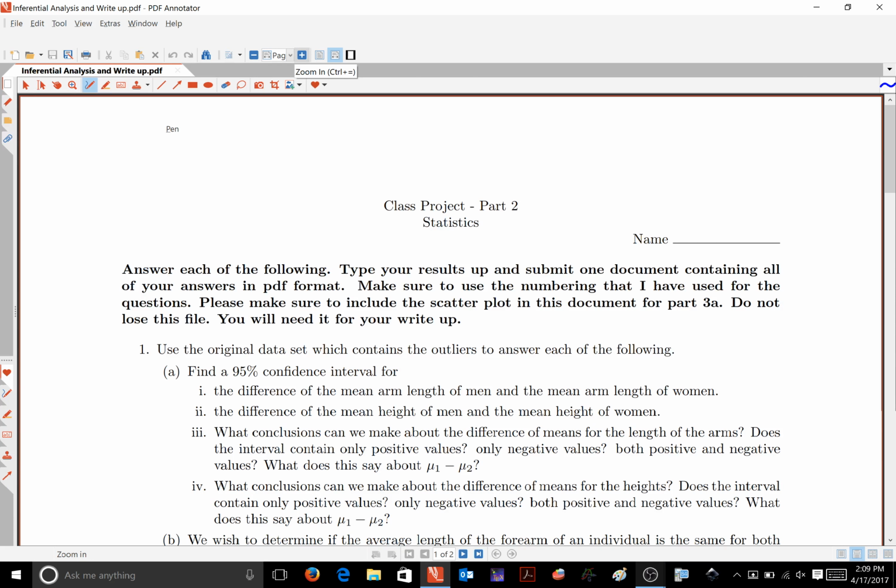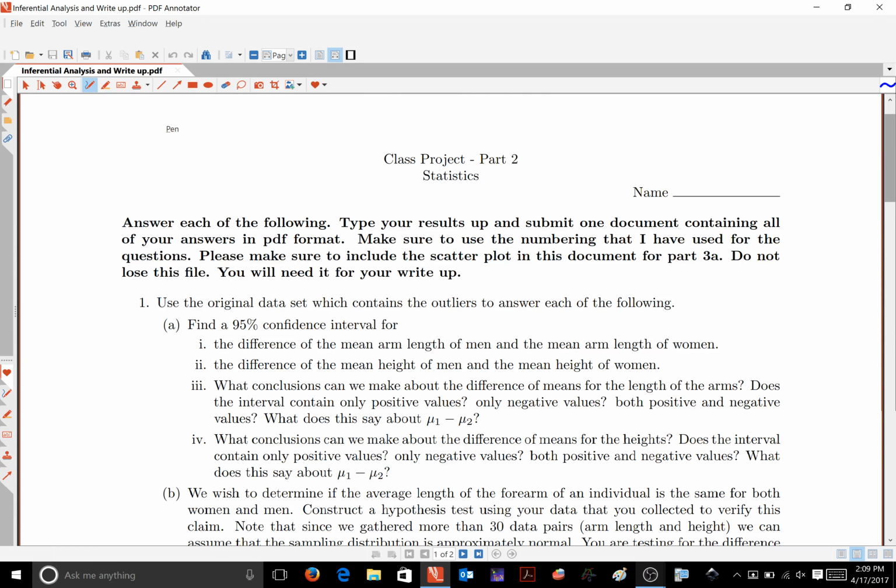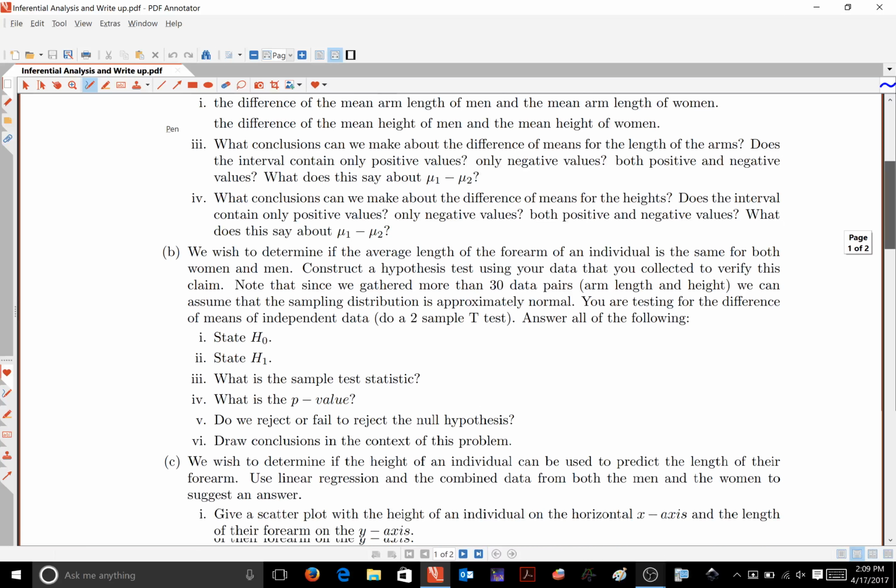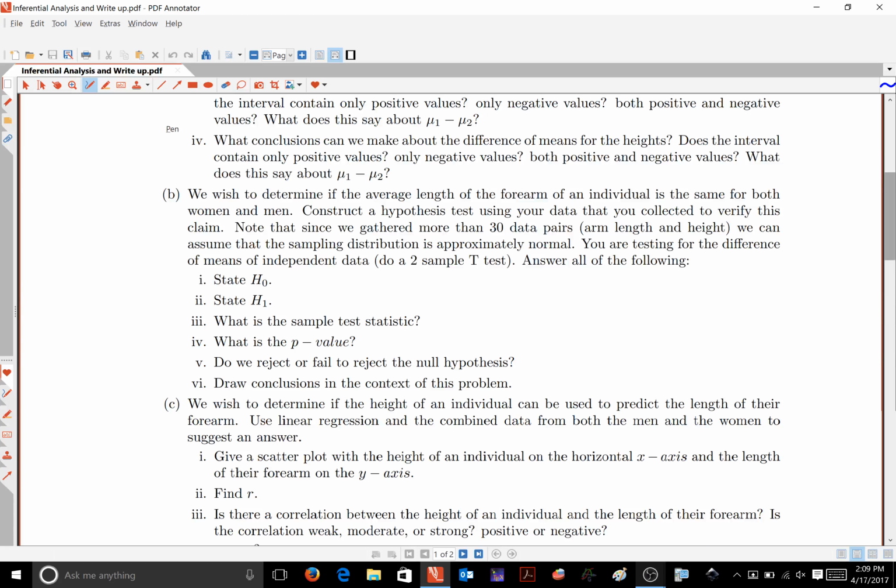Then on number 2, on 1B, it says we wish to determine if the average length of the forearm of an individual is the same for both men and women. So we're going to construct a hypothesis test for this data. State H0, state H1.